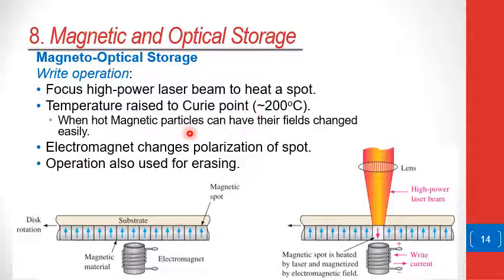And when the magnetic particles are hot, their field can then be changed easily. So then the right current will be injected into the electromagnet to write this information. And a similar operation will be used when you want to erase information from the disk.